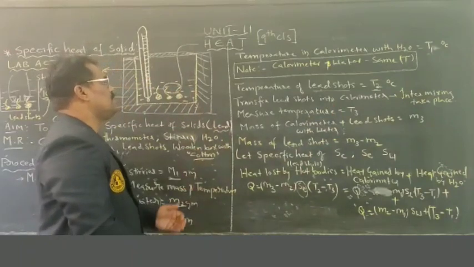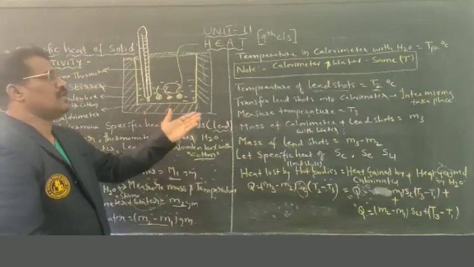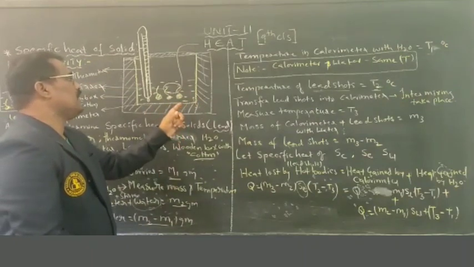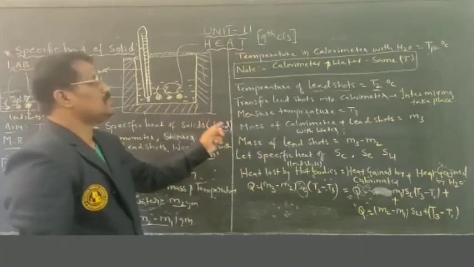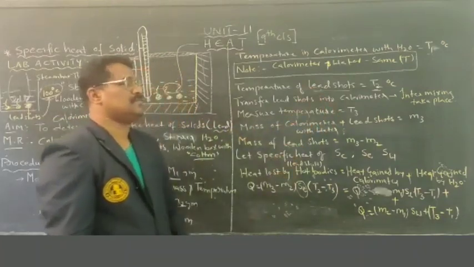Then, after noting the temperature, note down the mass of the calorimeter plus water plus stirrer plus lead shots as M3 grams.